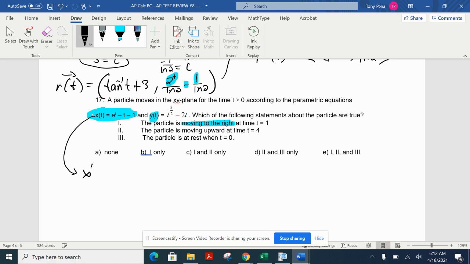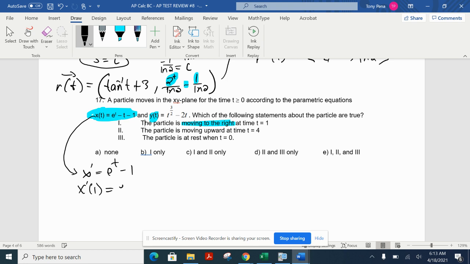I'm going to take its derivative, because if our derivative is positive at 1, that means our position is increasing. So that means left or right, we're moving to the right. If the derivative of our horizontal position is negative, that means our position is decreasing, means we are moving to the left. So x prime, evaluate that at the time we're asked about in this one, which is 1.